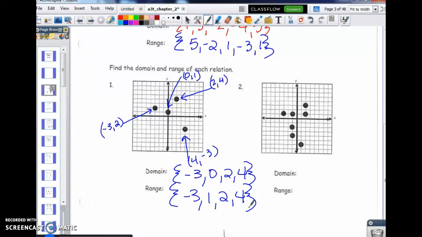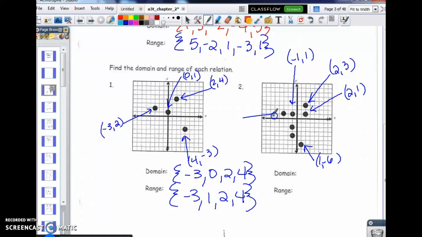All right, let's take a look at this next one over here. Doing the same thing, we want to find all these points. 1, -6. We have 2, 1, 2, 3. We have -1, 1. We have -3, 1. -1, -2, and -1, -4.